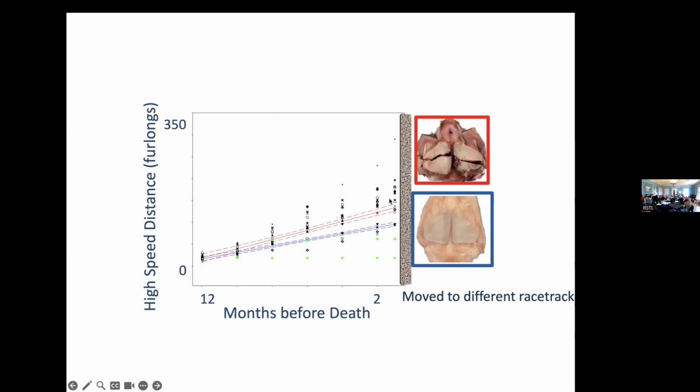All of them in black are the ones that broke down because of fetlock injury. And this is why I say that Racetrack B took all the blame for horses that were primed to break down before they ever got there.